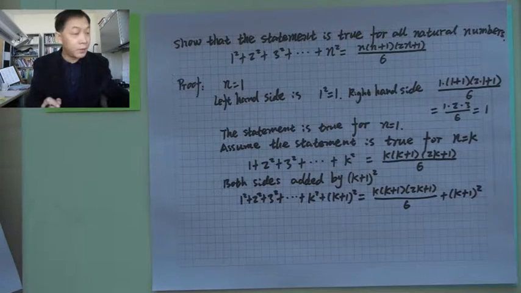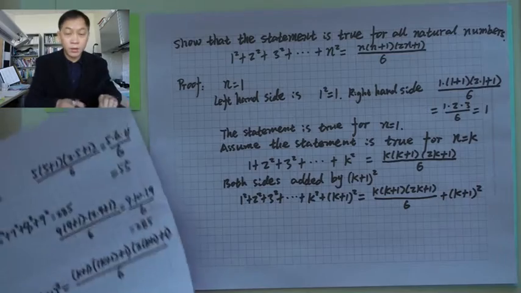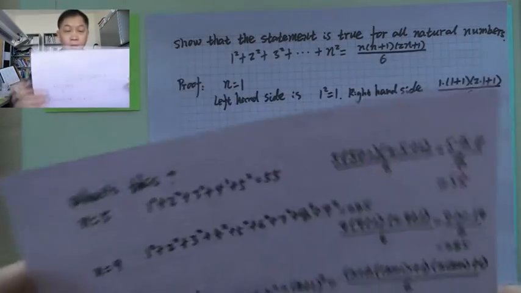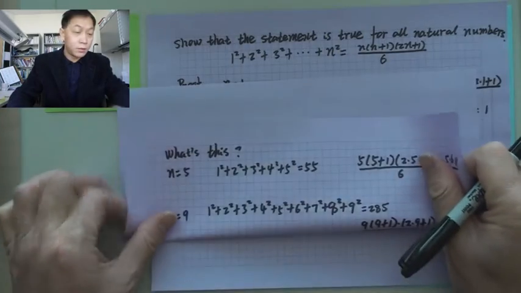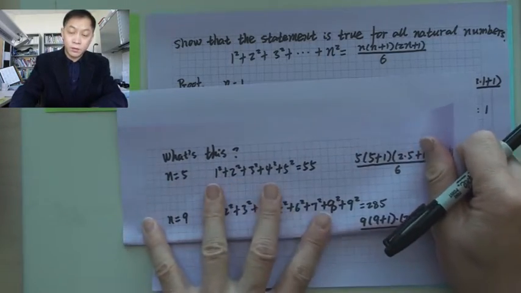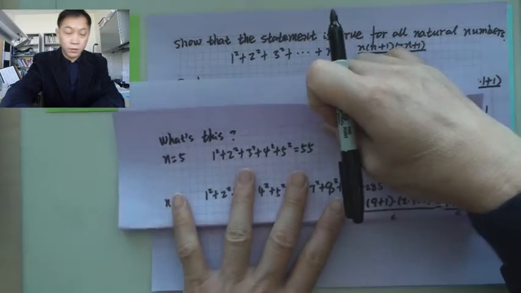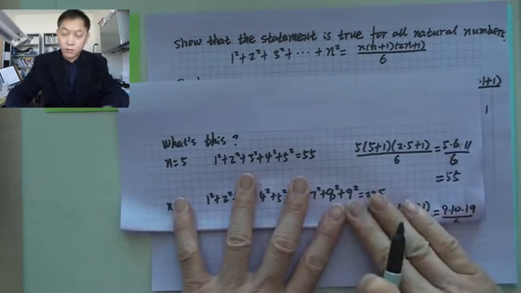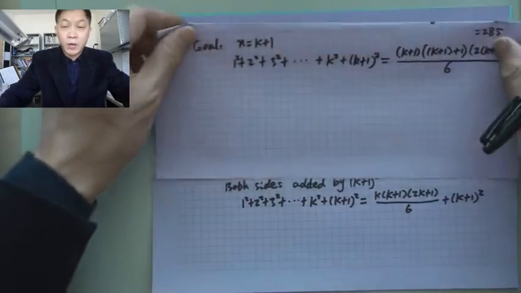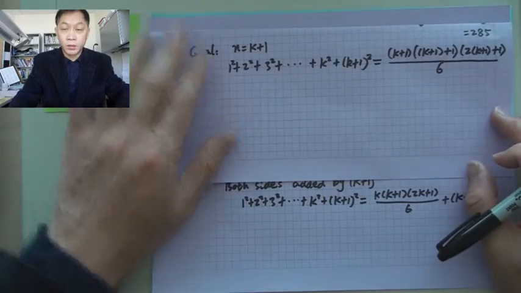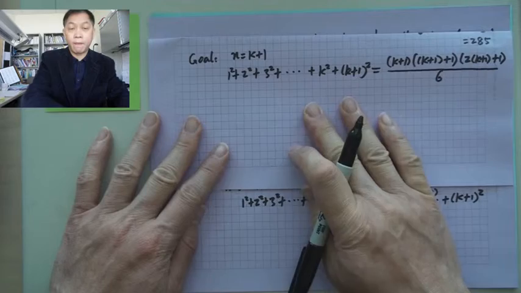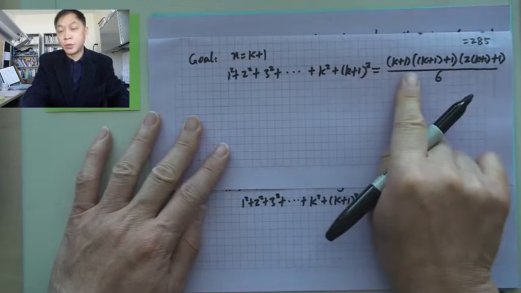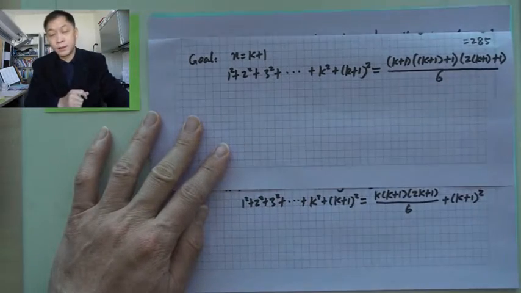Okay. Now comparing our goal, let me fold it. Comparing our goal, what is it? Our goal is this: left hand side equals right hand side.